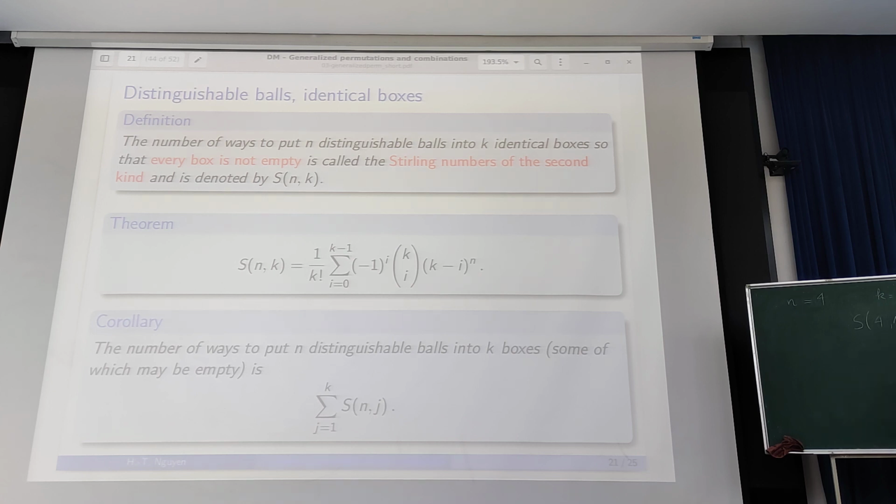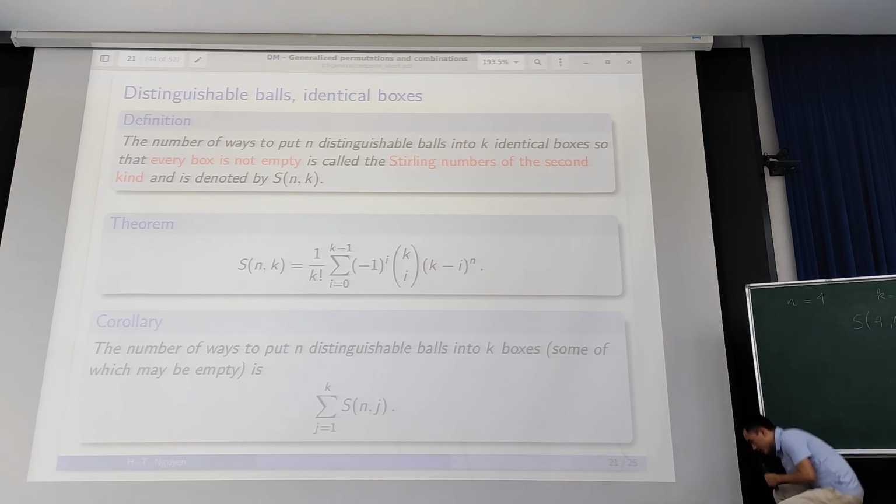This term corresponds to the case where there is only one non-empty office. We put everyone in one office. And this term corresponds to the case where there are 2 non-empty offices. And this term corresponds to the case where all the offices are non-empty.